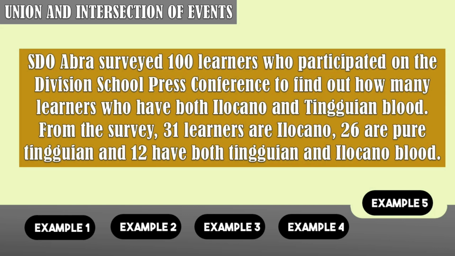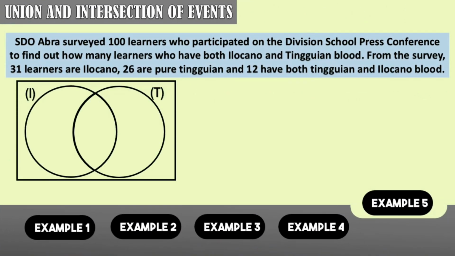SDO Abra surveyed 100 learners who participated in the Division School Press Conference to find out how many learners have both Ilocano and Tingyan blood. From the survey, 31 learners are Ilocano, 26 are pure Tingyan, and 12 have both Tingyan and Ilocano blood. Consider this diagram. Event I for Ilocano and T for Tingyan.